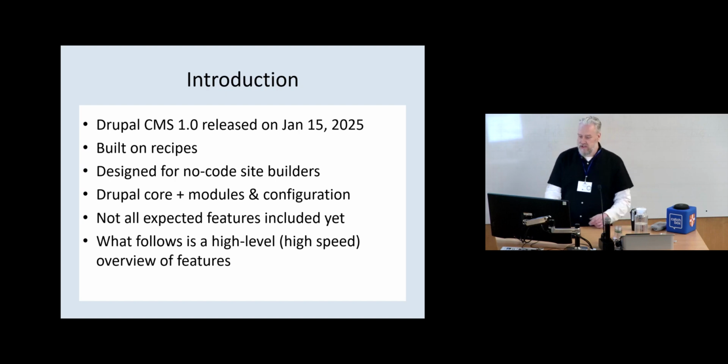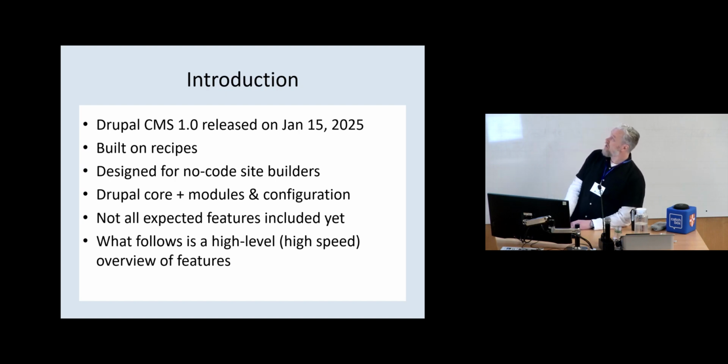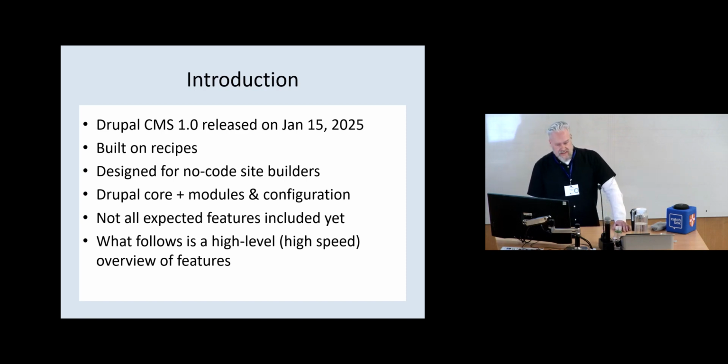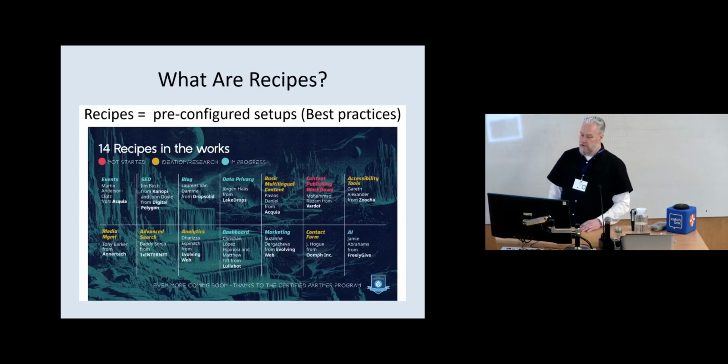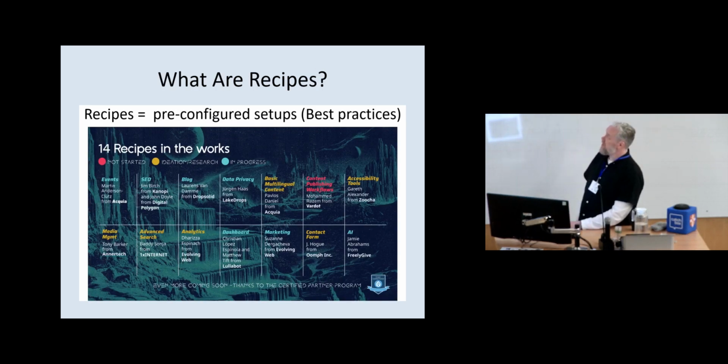So, quick introduction. This has been covered probably in Baddy's talk, so I'll maybe just skip through this. The end bit is probably important. This is a high level, and I think it's going to be high speed overview of what's going on in Drupal CMS. So what are recipes? This again is covered by Baddy's keynote.